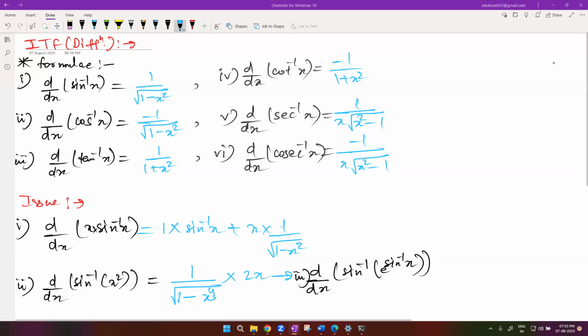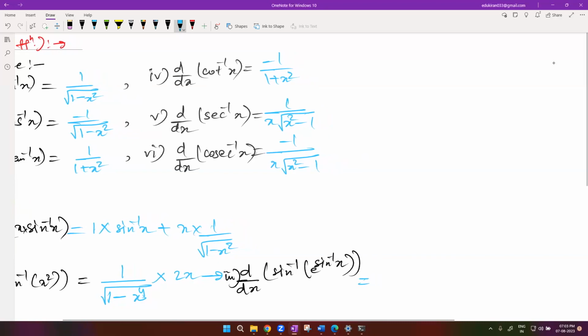Now this is again composition of function, right? You have placed some function inside sine inverse x. So instead of using x in sine inverse x, you are now using e to the power sine inverse x. First, let's start with the leftmost function, which is sine inverse. We know the differentiation of sine inverse.